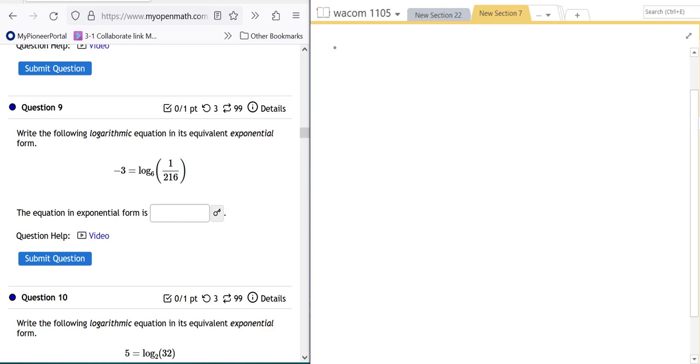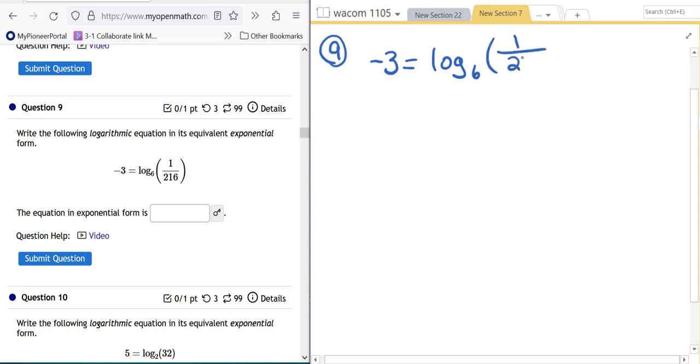I did pick 9. Just to remind you, if a number is in the denominator, you get that with a negative exponent. So if negative 3 equals log base 6 of 1/216, we are just switching forms.